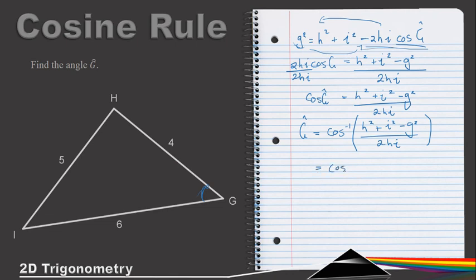So we have the inverse of cos, and then h is 6, so that's 6 squared, plus i is 4 squared, minus g, which is 5 squared, all over 2 times h, which was 6, and then i, 4. That's what we put into the calculator.